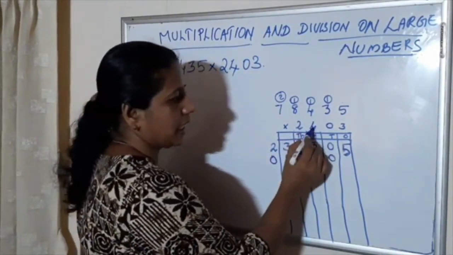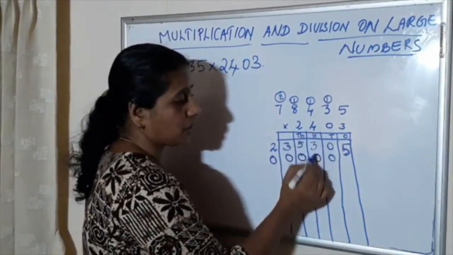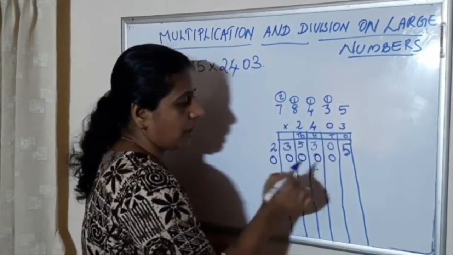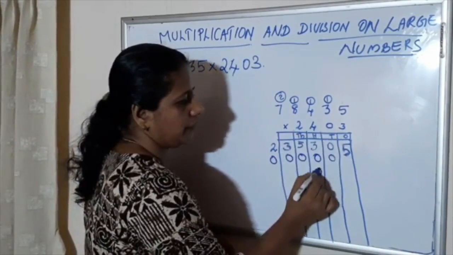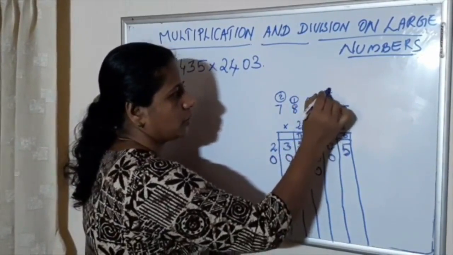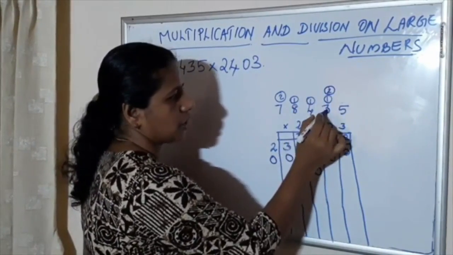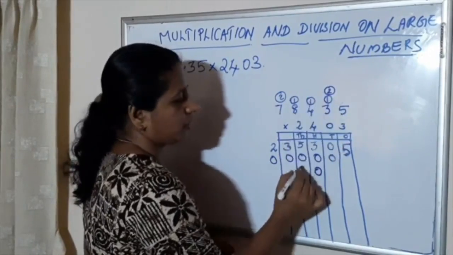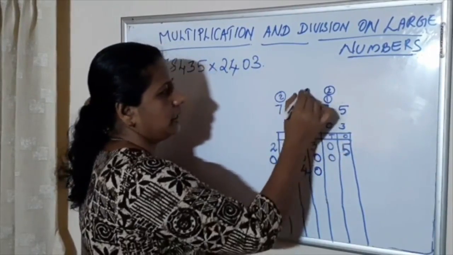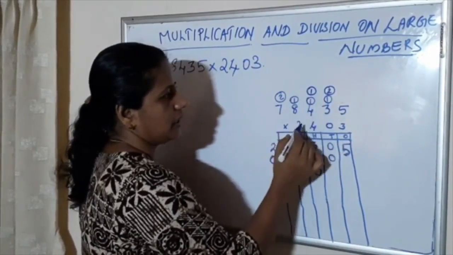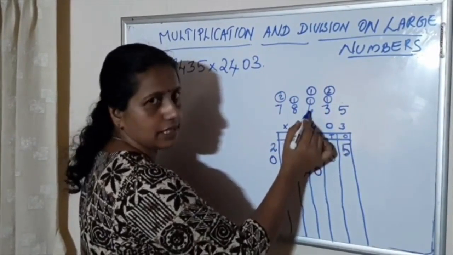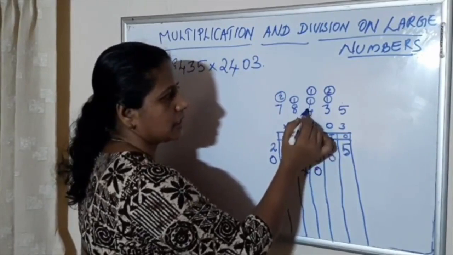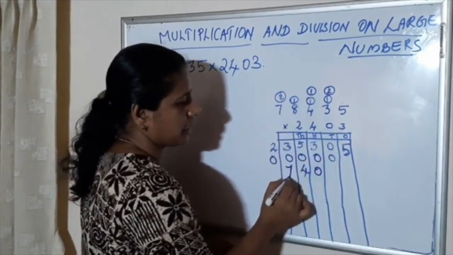After that, take hundreds place and write the product down. Okay, that is 4, 5, 20. Carry over 2. 4, 3, 12. 12 plus 2, 14. Carry over 1. Next 4, 2, 4, 4, 16. 16 plus 1, 17.